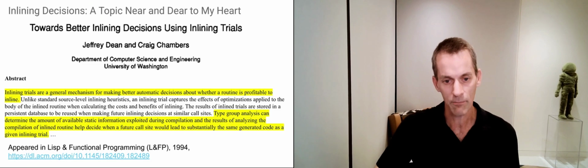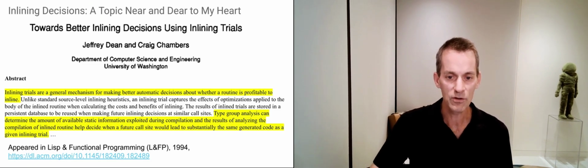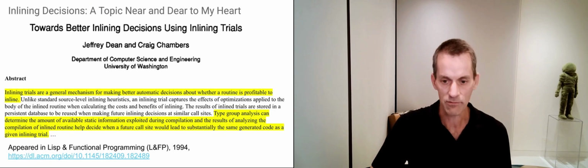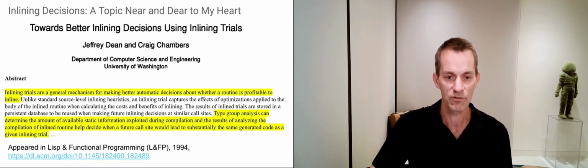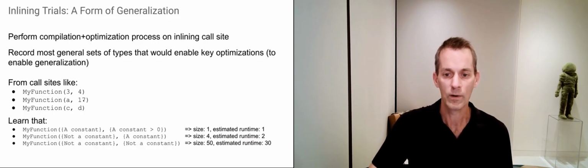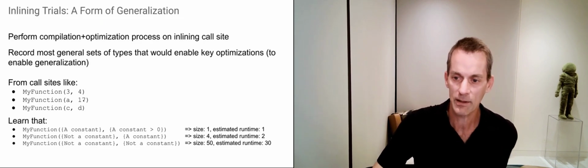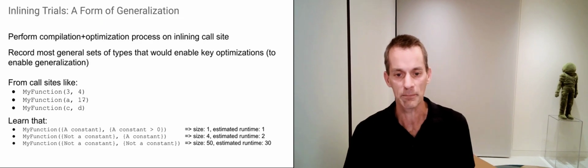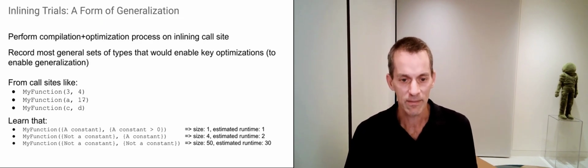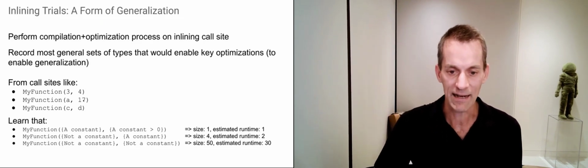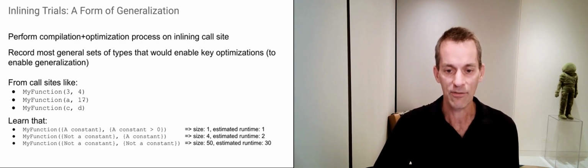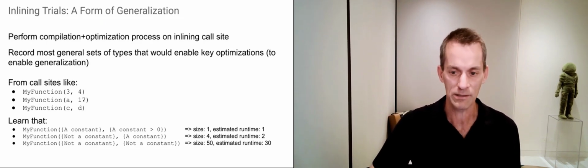And this was an approach that didn't really use learning except in the sense of trying to generalize. You can think of it as a very simple kind of learned model, trying to make automatic decisions about whether a particular routine is profitable to inline based on the way in which static information available at the call site was exploited during compilation.